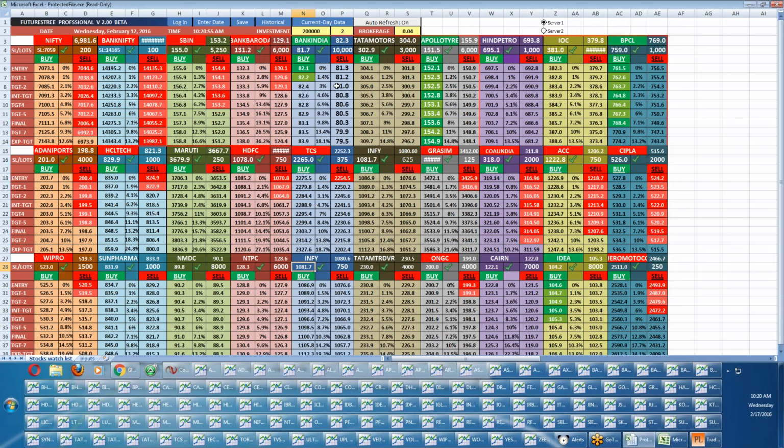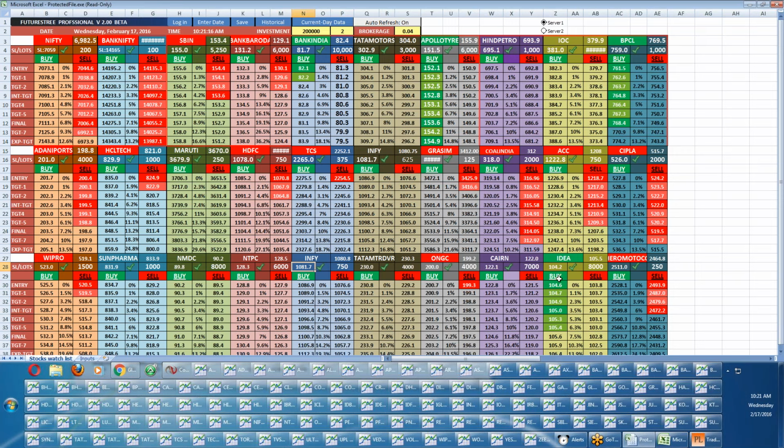So Bank of India we have a buy now, 82.10. PNB we have a buy.